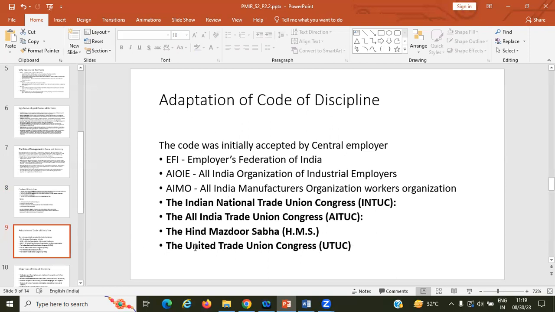So these are the organizations that, the very first time, in 1957-58, whenever this discipline was adopted and enforced, accepted, adopted and implemented it within their unions, within that employment structure.